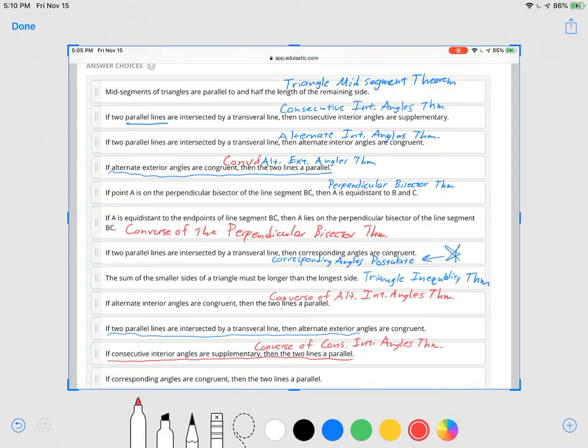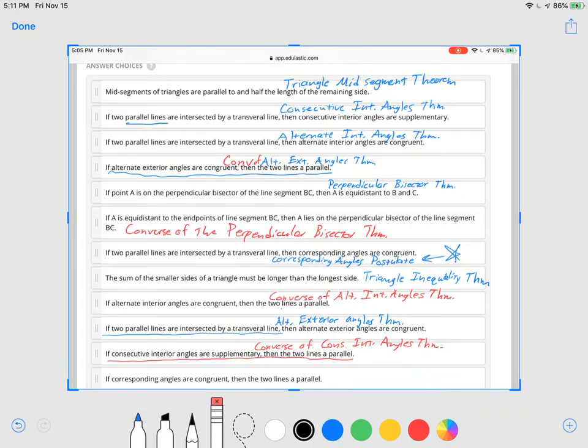And then this one down here that I was reading, this one is actually the regular. Assume they're parallel, and then that means that the alternate exterior angles are congruent. So this one down here is the alternate exterior angles theorem.